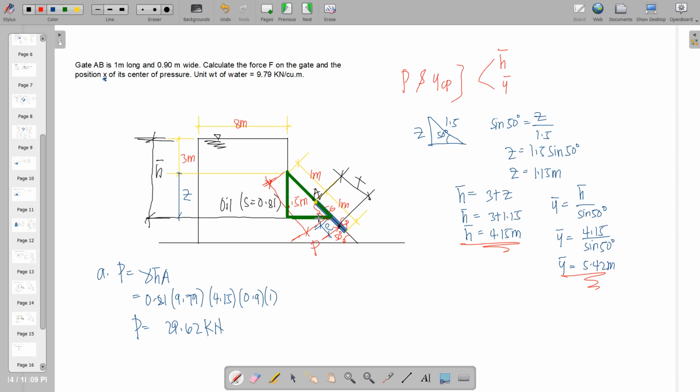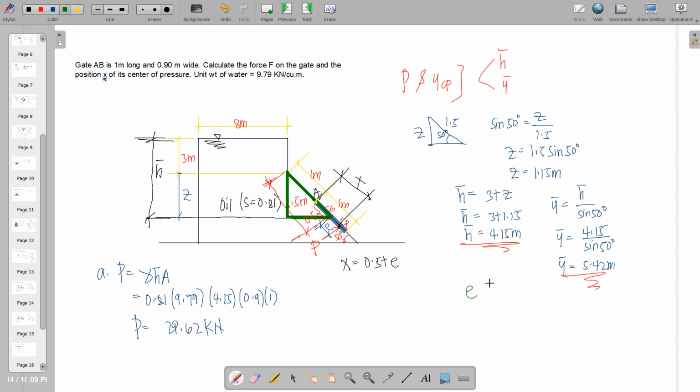So this dimension is half of 1, that is 0.5 plus E. Therefore, x is equal to 0.5 plus E. So that is one of the conditions in the problem and one of the unknowns. So in here, we need to compute the value of E.